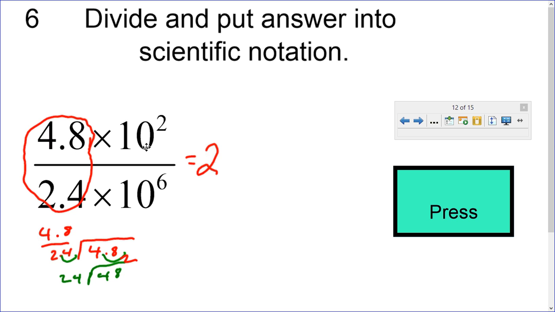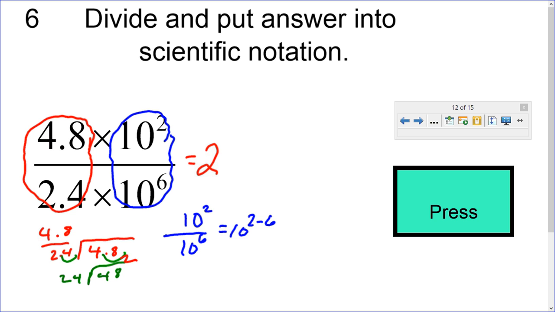Now we got to divide the bases. So we have 10 to the 2nd power, and we're going to divide that by 10 to the 6th power. And remember, the rule number 2 says when the bases are the same, we subtract the exponents.